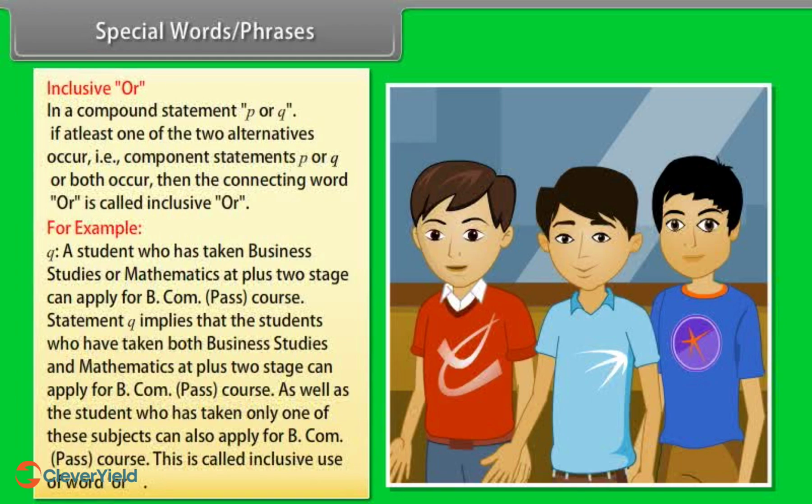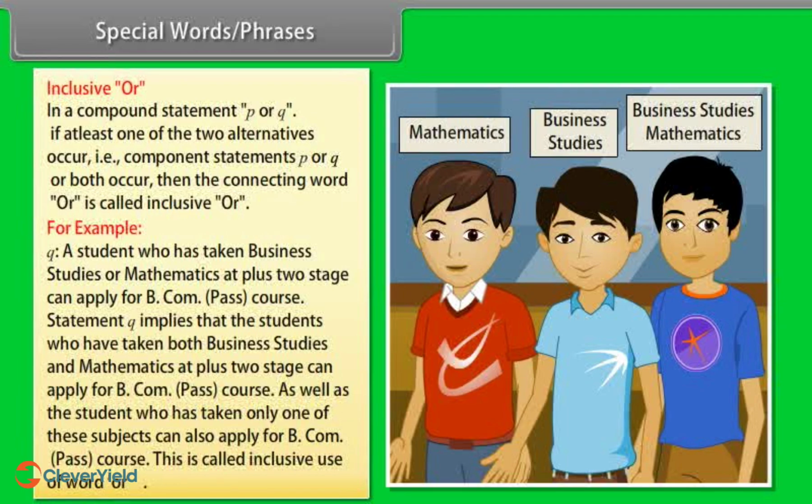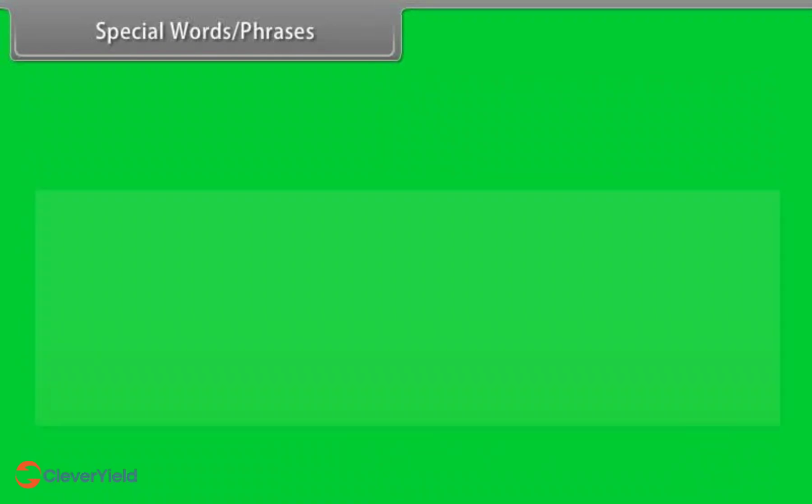Statement Q implies that students who have taken both business studies and mathematics at +2 stage can apply for BCom pass course, as well as students who have taken only one of these subjects can also apply for BCom pass course. This is called inclusive use of the word "or".